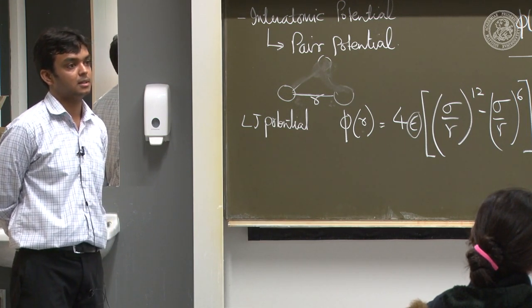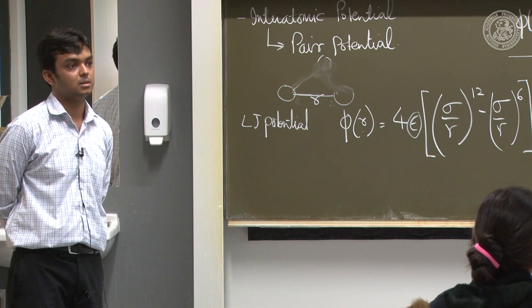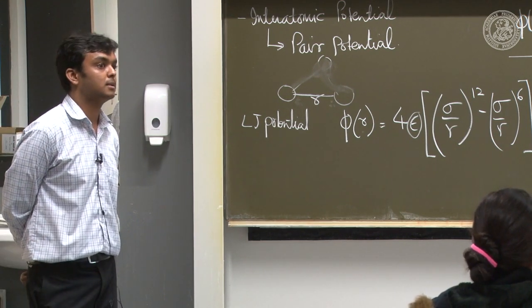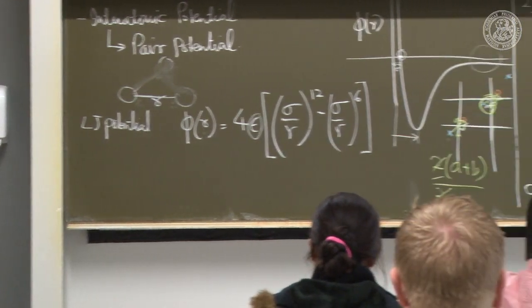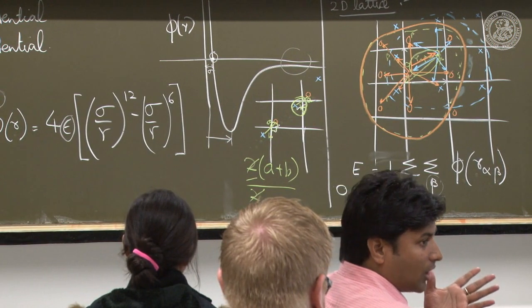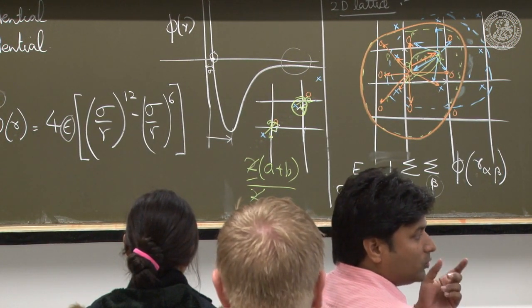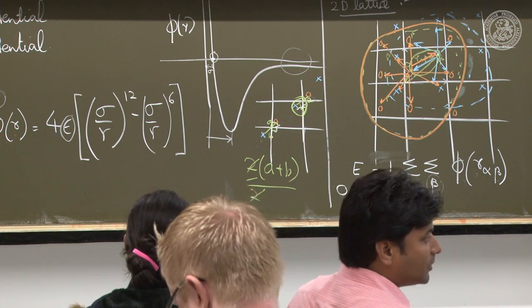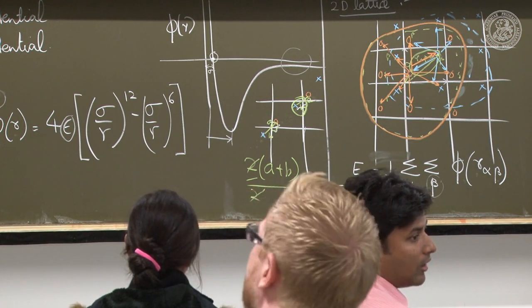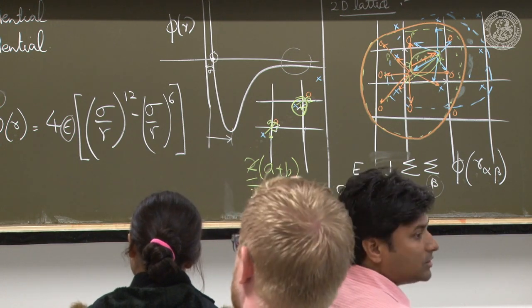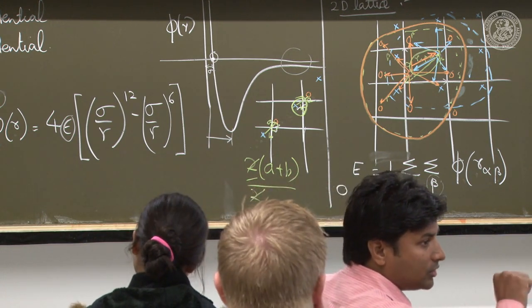But when you have ionic bonds, the interaction is really strong, so one atom can interact even with an atom far away. In those cases, the cutoff length is large. But usually for covalent bonds, for example carbon-based atoms like carbon nanotube or graphene, the cutoff is such that an atom interacts only with its neighboring atom.